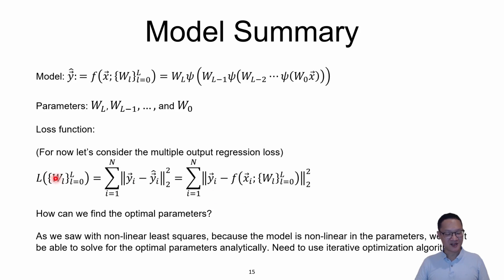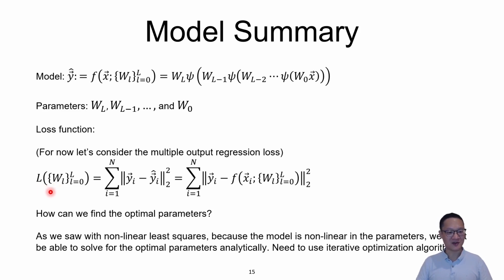With linear regression, we had a closed form formula for W, but now we don't. So now we have to use the iterative optimization algorithms that we talked about last week. We're going to be talking about how to do that. Actually, the concept is very simple.